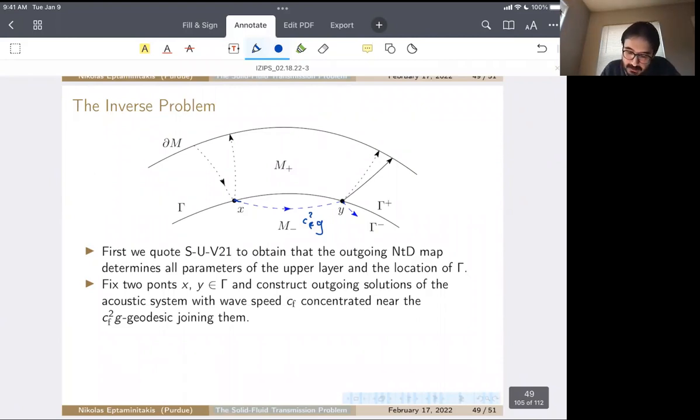Then you construct a full solution by propagating back into the outer layer and killing off any reflections. For that, this is where the control comes in that I mentioned earlier: whatever wave you want to have in the fluid, you can produce it by sending suitable waves from the solid.